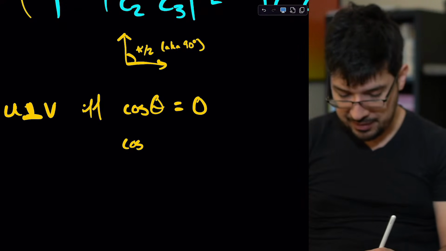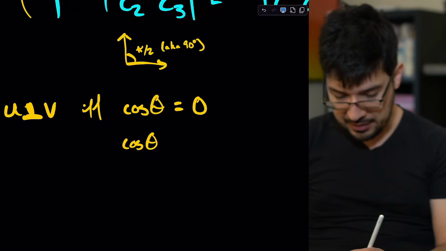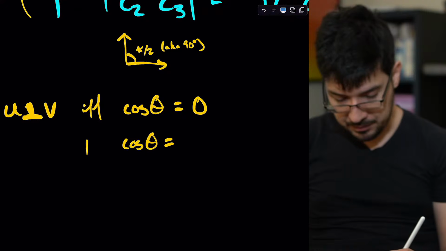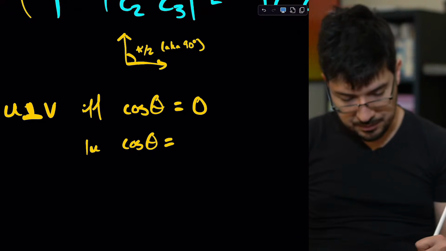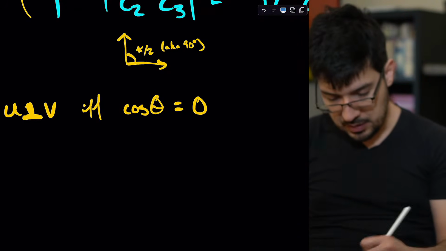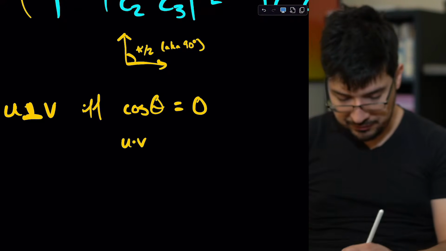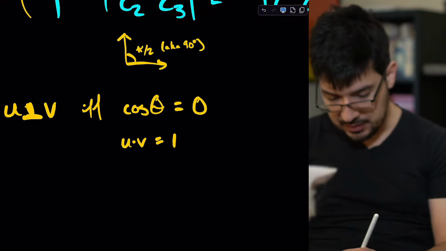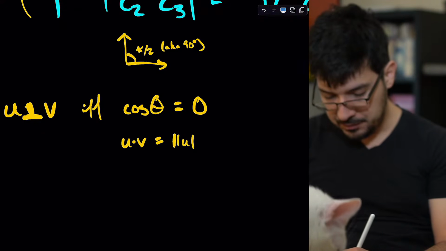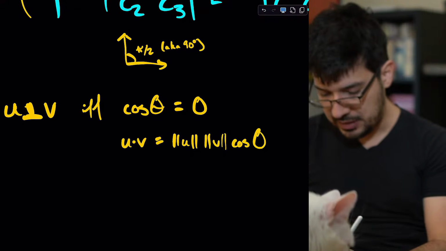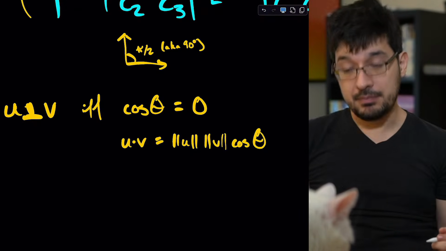And we also know this formula from a previous section, that u dot v is equal to the length of u times the length of v times the cosine of the angle between them.